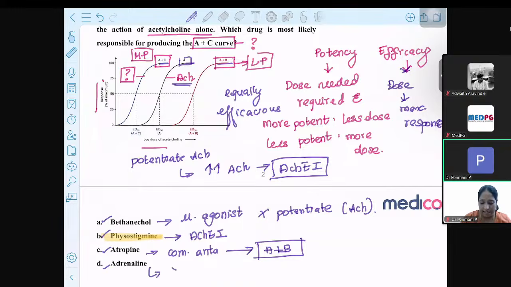And adrenaline is nowhere related here. It is a sympathetic drug. So what do you mean by this? The curve which is more towards the left-hand side is more potent, whereas the curve which is more towards the right-hand side is least potent. And efficacy is determined by the maximum height of the curve. So this finishes our first question.